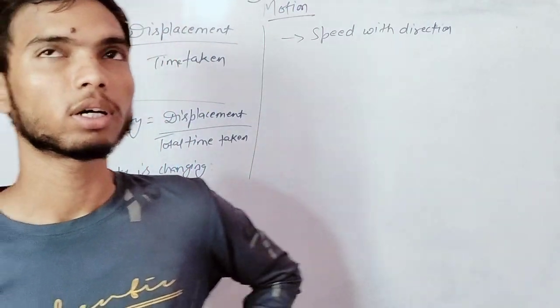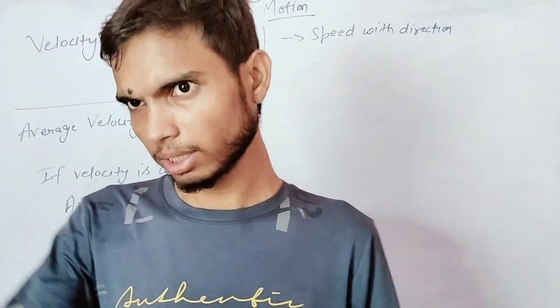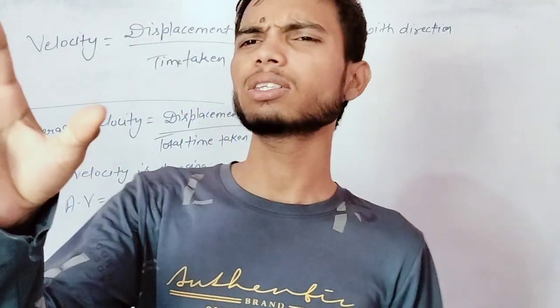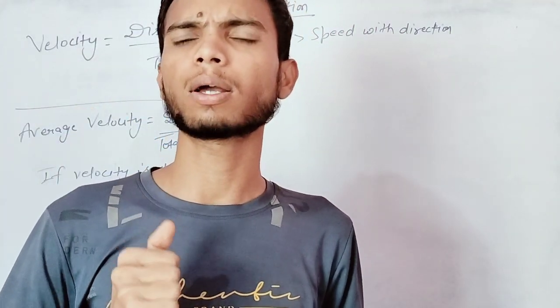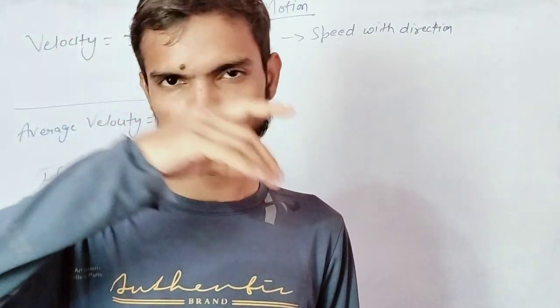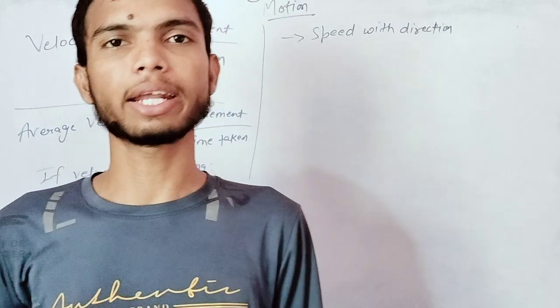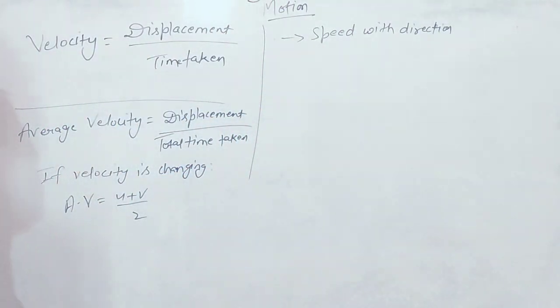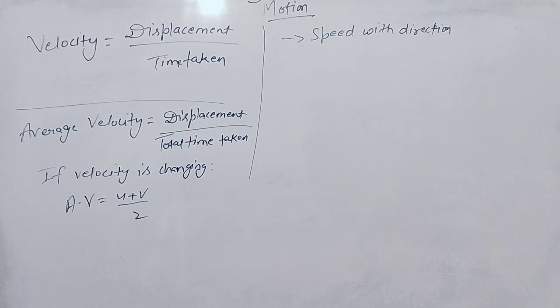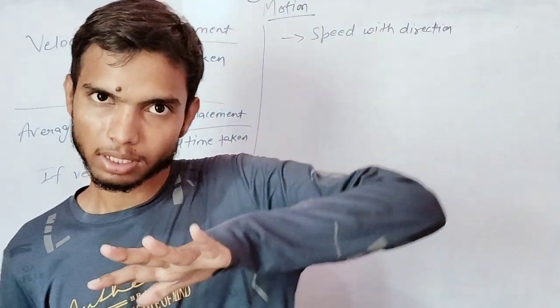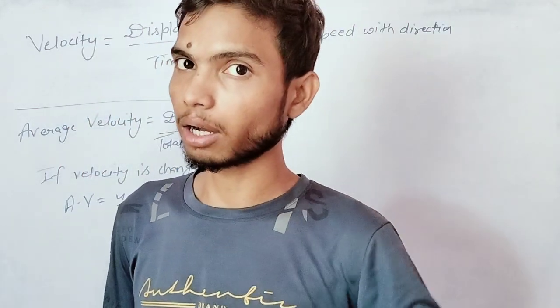The vehicle was going in a straight direction. But in this case, this will show you direction with a speed. So it's a difference between velocity and average speed.